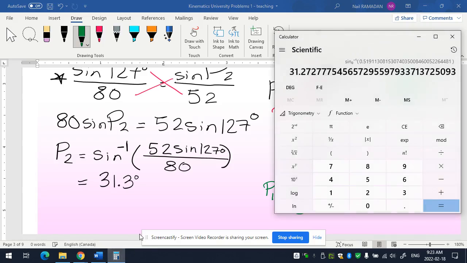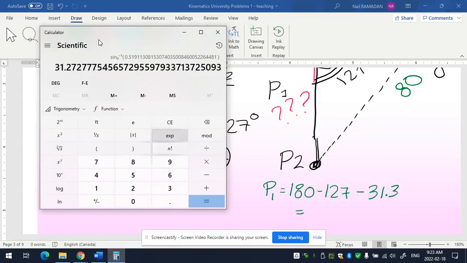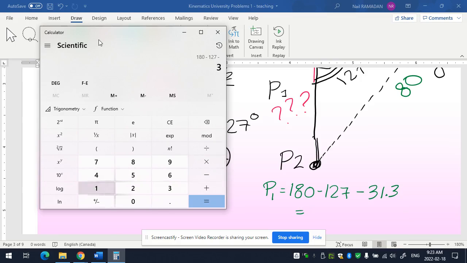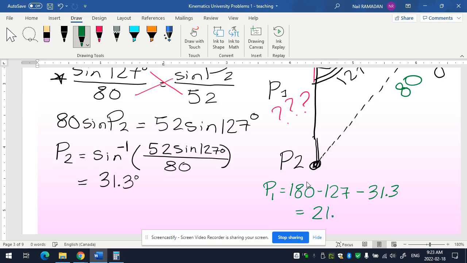All right, here we are. 180, take away 127, take away 31.3. Apparently, that top angle P1 is only 21.7 degrees.